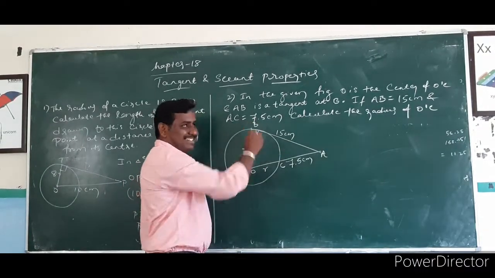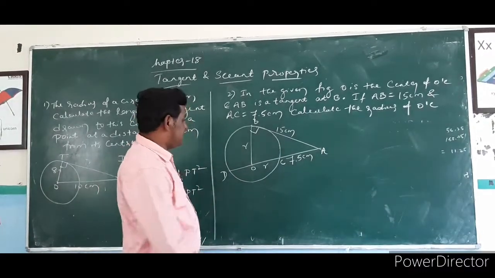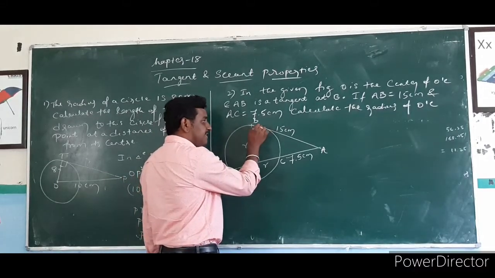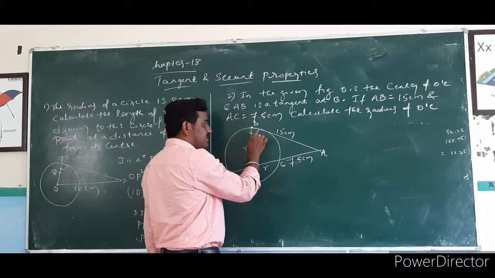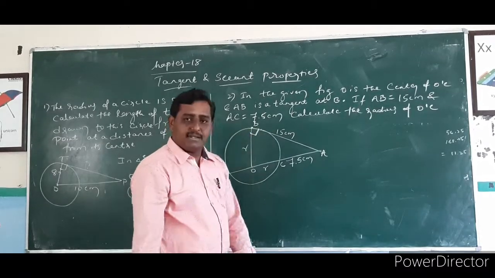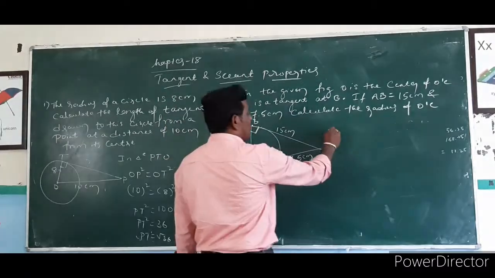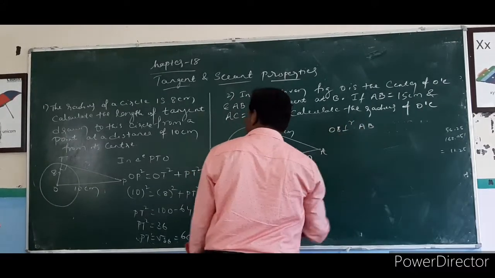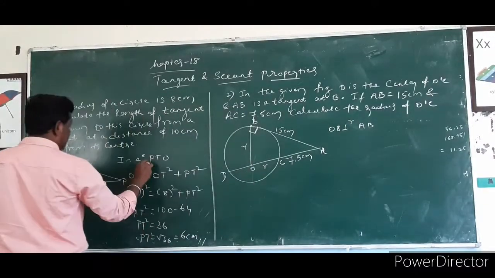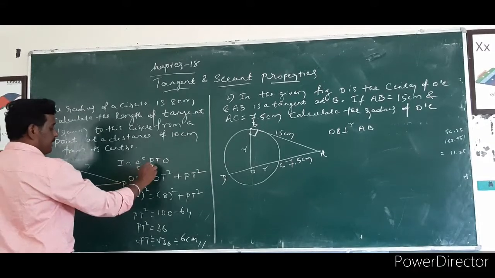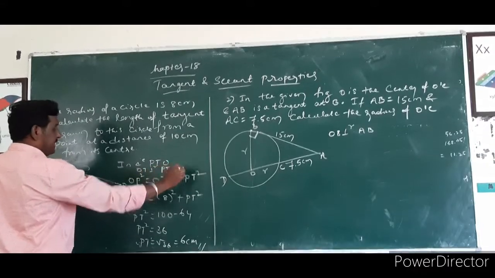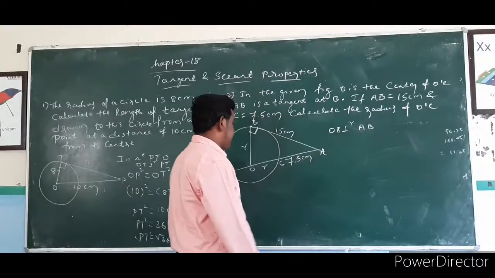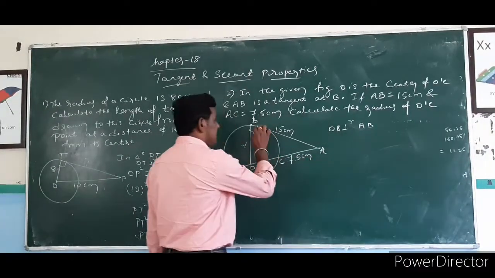If AB is a tangent, then OB is the radius. OB touches the tangent at the point of contact B, so it is perpendicular, 90 degrees. That is, OB is perpendicular to AB.